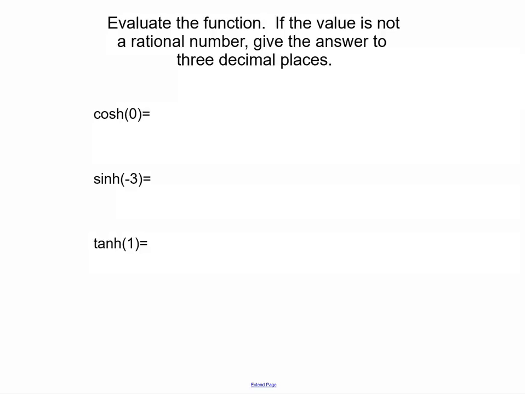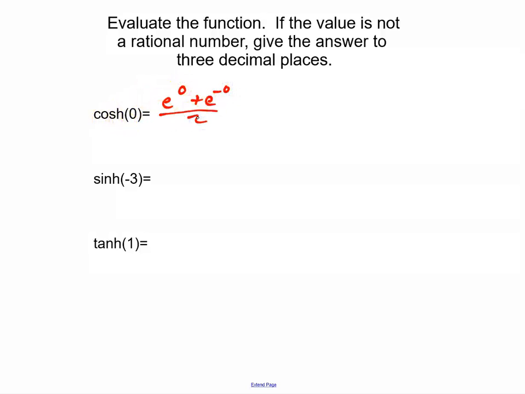But the reason is that you really don't need a button for it, because we know what they mean. We know that hyperbolic cosine is just e to the x plus e to the negative x, all over 2. So the hyperbolic cosine of 0 is e to the 0 plus e to the negative 0, all over 2.